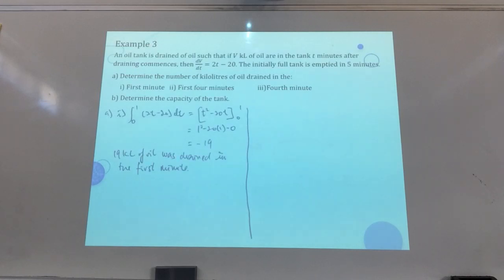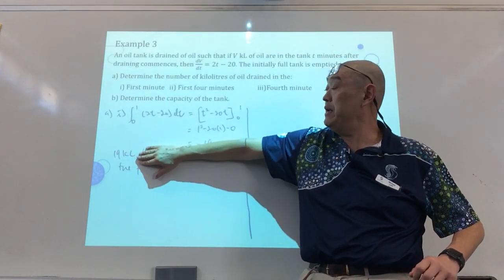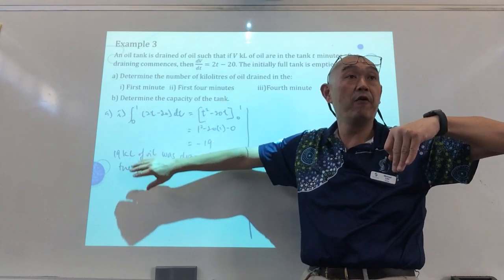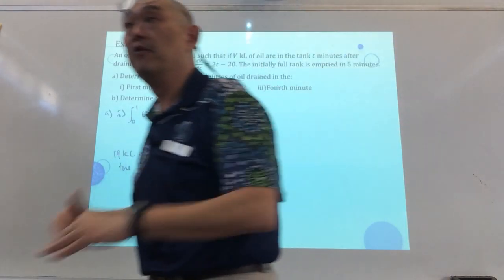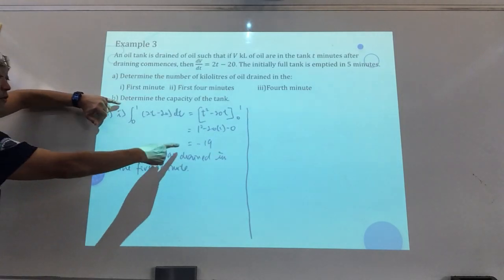So answer the question. The minus 19 doesn't make any sense if you don't explain it. You could explain that the minus 19 is because it's flowing out. Therefore, 19 kiloliters has flowed out from the drain of the tank.